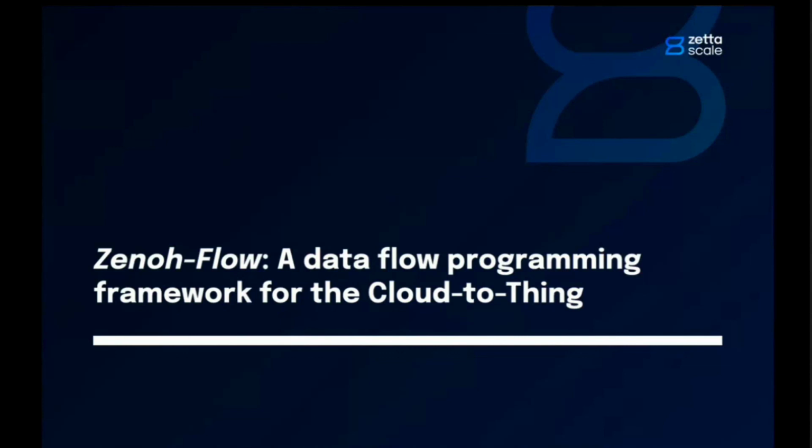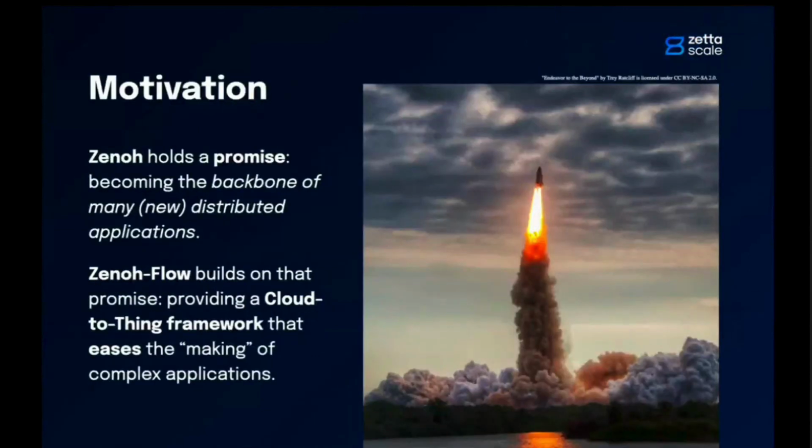With complex applications such as autonomous vehicles and robotics, there is a need to describe how components are connected. And after all that we have presented, what better way than to use Zenoh to do these connections? So our motivation is Zenoh, and especially the promise it holds.